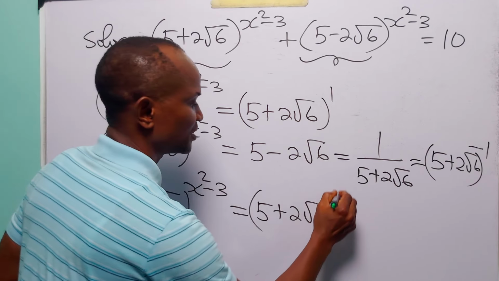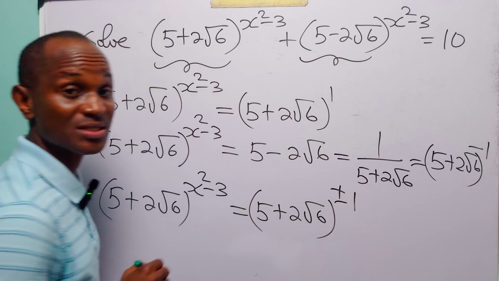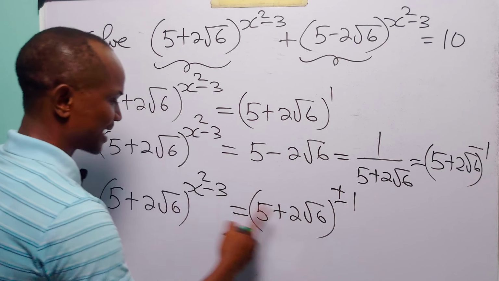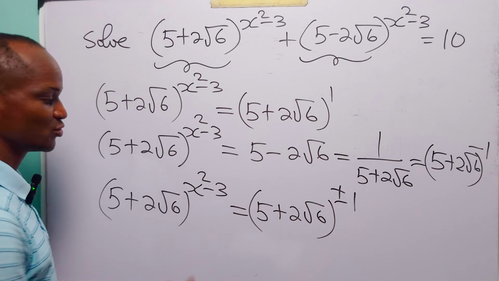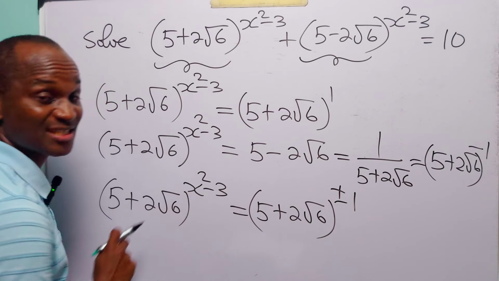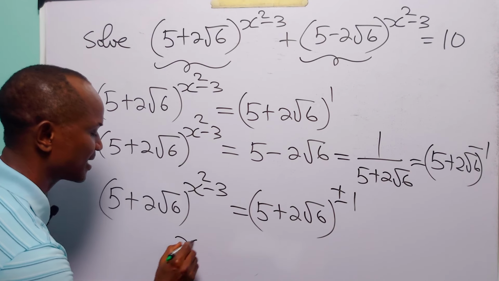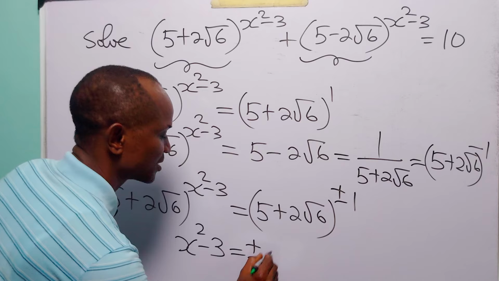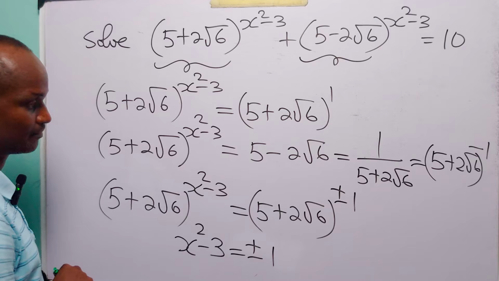So this is going to be to the power plus or minus 1. And now when the bases are equal, all we have to do is to equate the exponents. So we have that x squared minus 3 is equal to plus or minus 1.